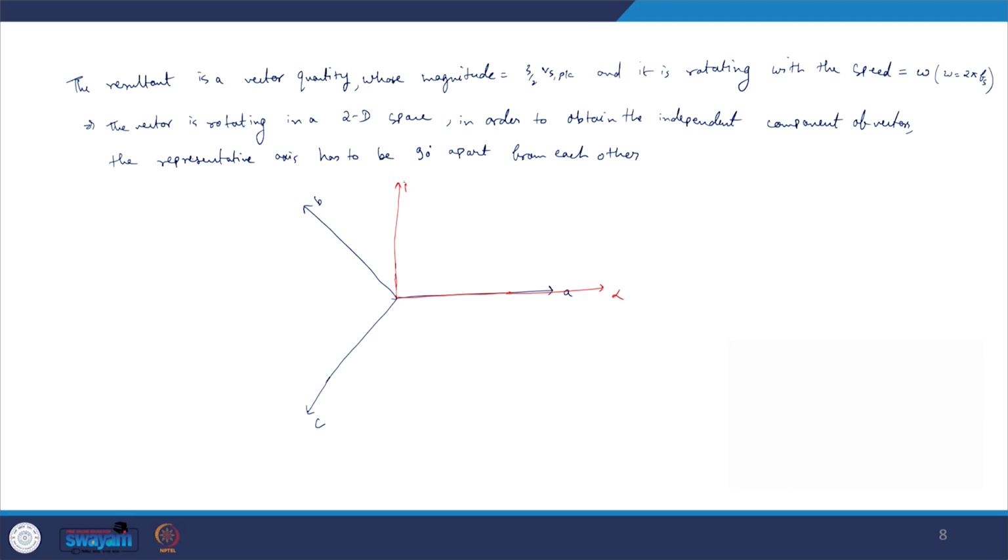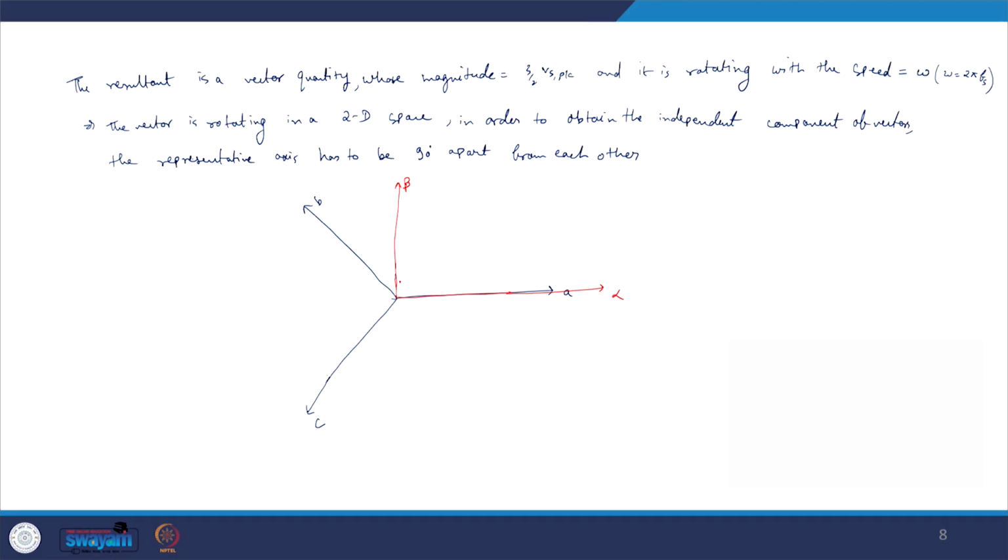This is the alpha axis and beta axis. The simplistic thing we can do is align the alpha axis along the A axis, which is inherently synchronized with the peak value of the A phase quantity with respect to time, and the beta axis is displaced by 90°.